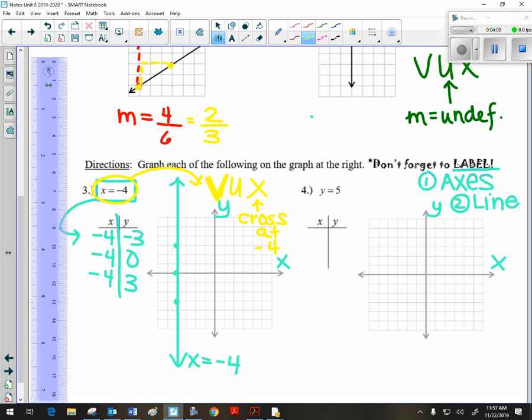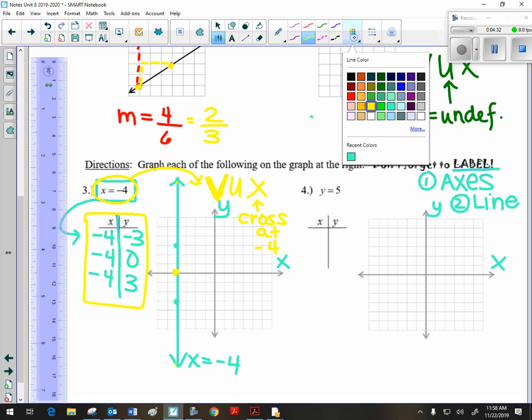So if I took that into consideration, I would say here's where -4 is on my x-axis, and I would draw the vertical line that passes through there, and I could see that I would end up getting the same line. So if you don't want to do this table and you want to memorize that x equals -4 is a VUX line, which means it's going to be vertical, that would be a nice shortcut for you to use.